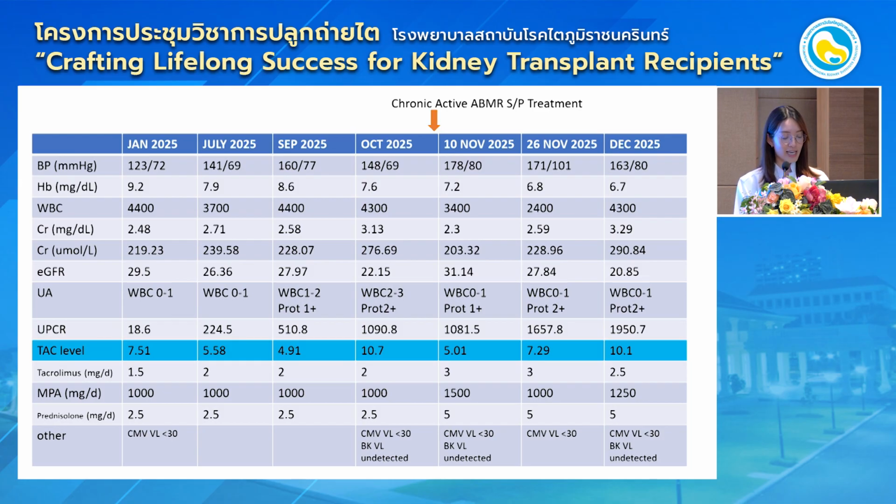He also experienced anemia. Usually, in the past 2 years of his transplant, he only needed about 3,000 units of erythropoietin alpha per week, but after the rejection, the need for EPO increased up to about 10,000 units per week.